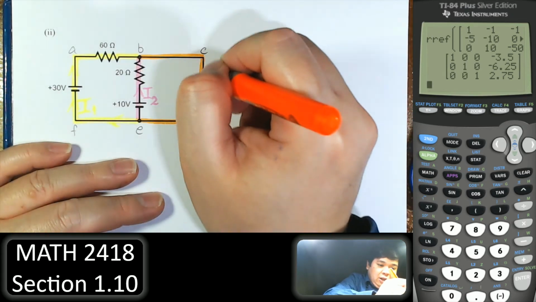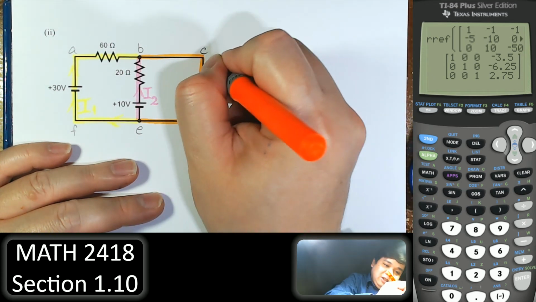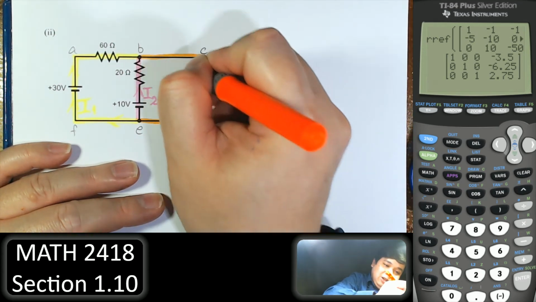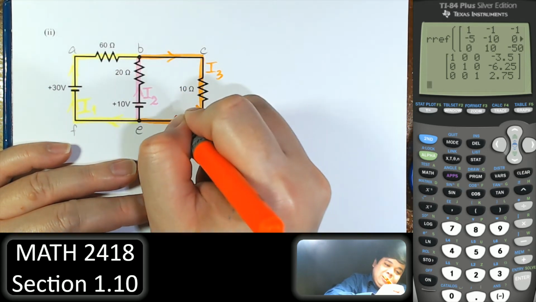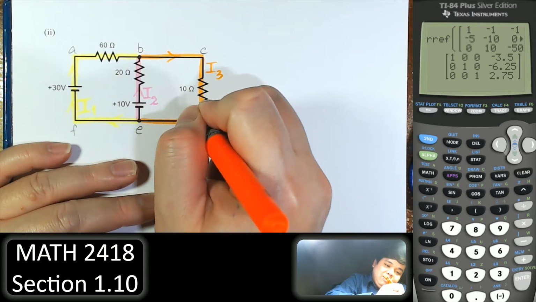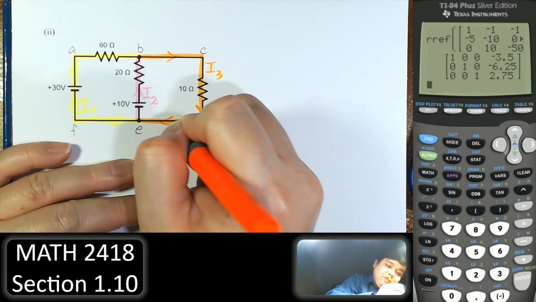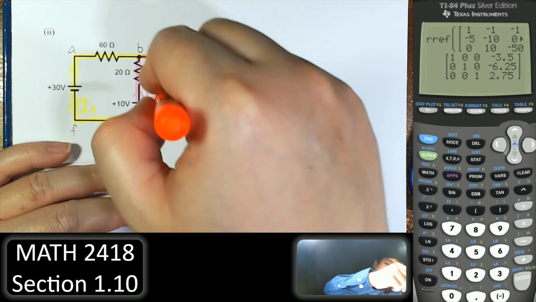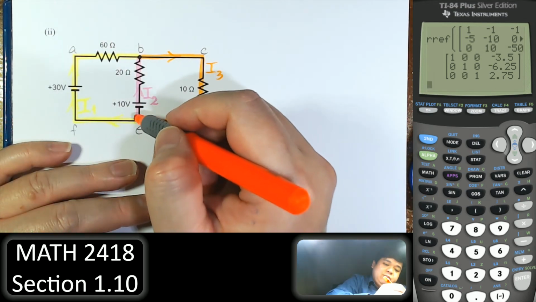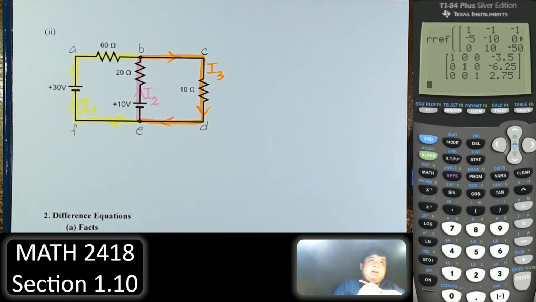Yeah, I3. Let's say this direction. Right, so yeah, both of them clockwise, except I2 is going up.